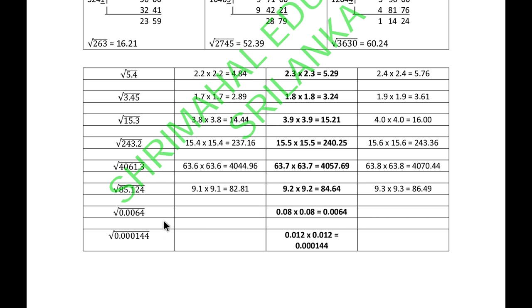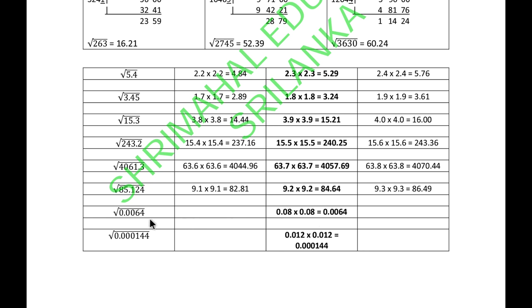And these two are special cases. You can see as soon as you see, these are very familiar numbers, like 0.0064. You can write 64 over 10,000 into square root. So 64 means 8. Okay, and 10,000 means 100. That's 8 over 100. So it could be 0.08, and I'll multiply and show you my answer is okay.